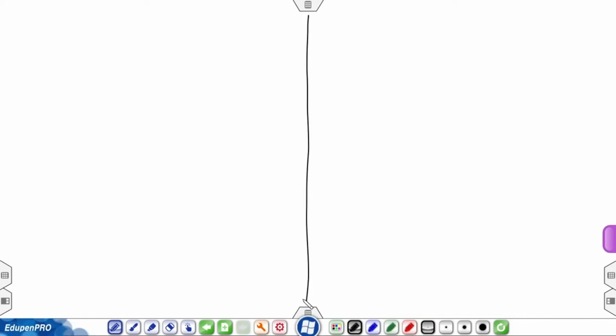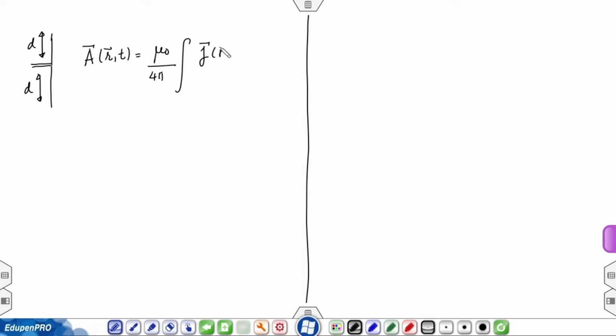So, let me just make this antenna again. There is this little gap from which the voltage is being applied. This length is d, the other half length is also d, and I am calculating A at r and t, which is equal to mu 0 over 4 pi integral J(r prime, t retarded) over mod of r minus r prime, dv prime.